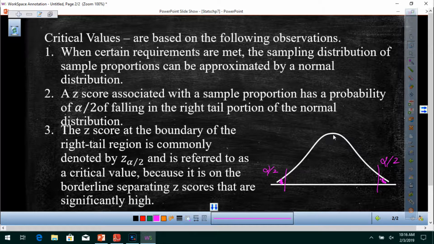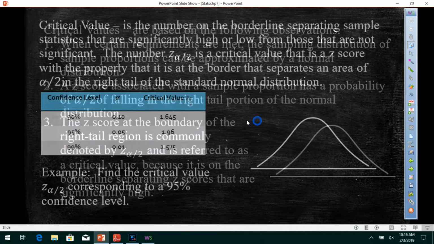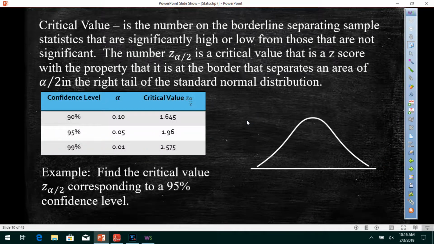And of course, here in the center, you would have z equals 0. Okay, let's try a little sample here. Critical value is the number on the borderline separating sample statistics that are significantly high or significantly low from those that are not significant.